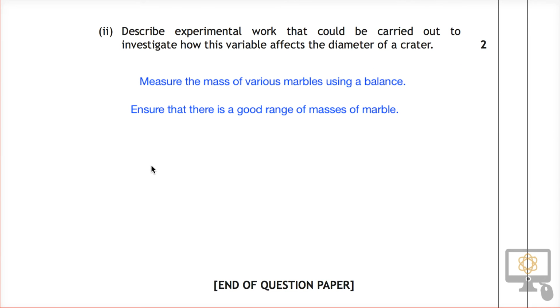So I'm going to measure the mass of various marbles using a balance and ensure that there is a good range of masses of marble. That effectively lists the way we're going to change the mass. We measure the mass of various marbles, and then what are we going to do?